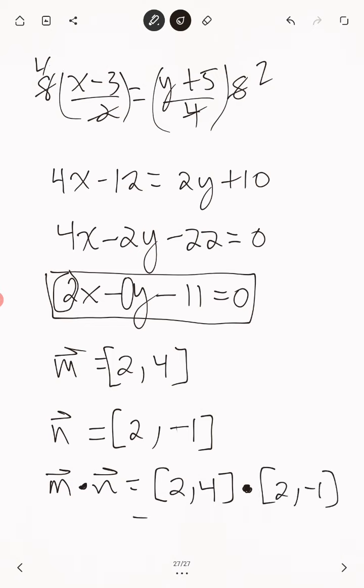To do the dot product, it would be 4 minus 4, which equals 0. And what does that mean? Well, that means that m is perpendicular. Vector m, which is the direction vector of the line, is perpendicular to vector n, which is the vector created from the coefficients of the scalar equation of the line.